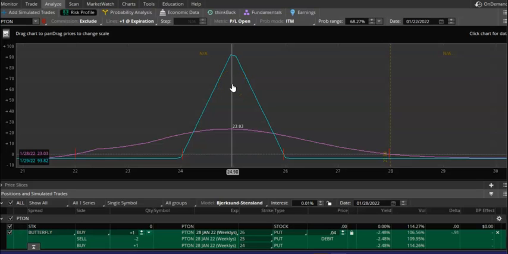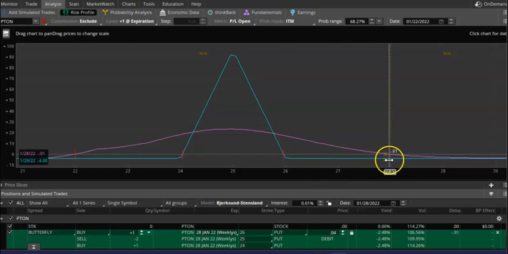You make maximum profit when the stock comes to 25. You will break even at these 2 points, 23 and 26. If the stock goes to 23, you break even. If it goes to 26, you break even.